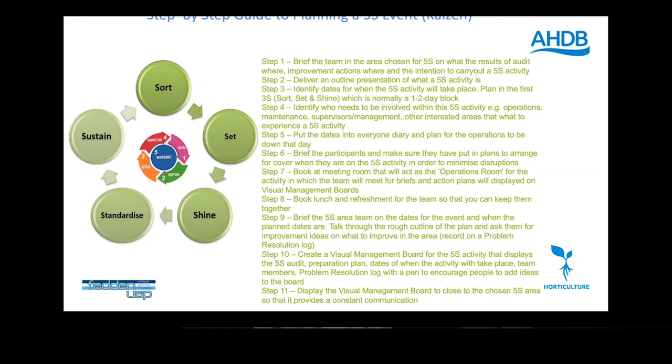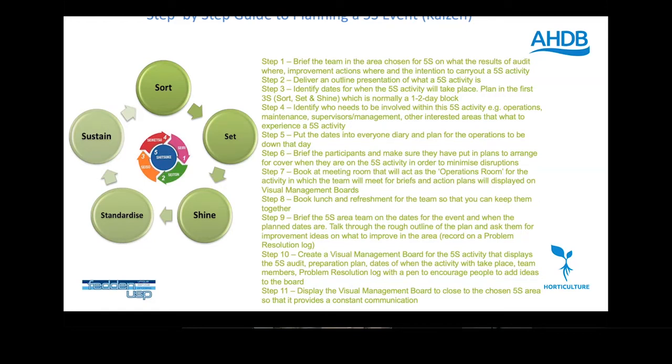So first thing is to pick your area. You won't want to do the whole business at once. So normally what I do is I pick a small area within the business itself, for example dispatch, or a particular glass house, or a particular field. Then you pick your team, who's going to be involved.